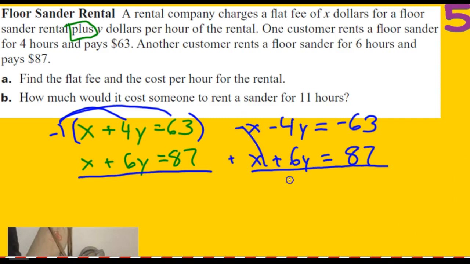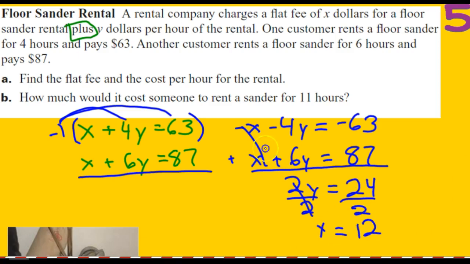Negative 4 plus 6 gives us 2y. And negative 63 plus 87 gives us 24. So, if we divide that, we get y equals 12. So we said that y was the dollars per hour of the rental. So we know that it's $12 per hour.